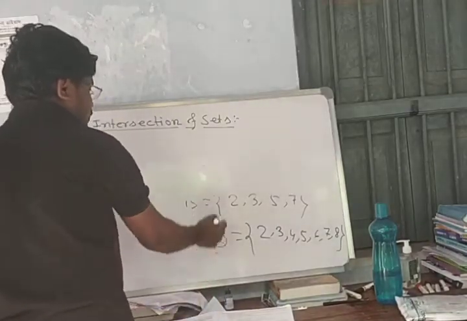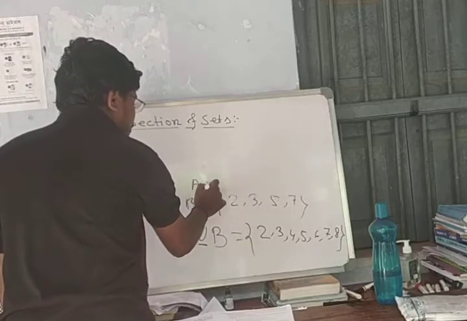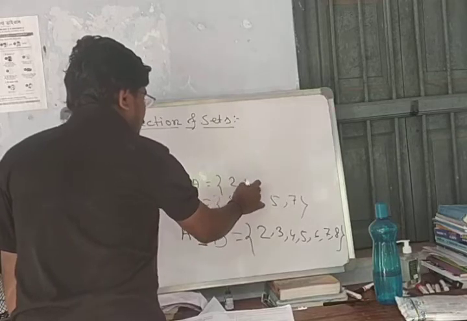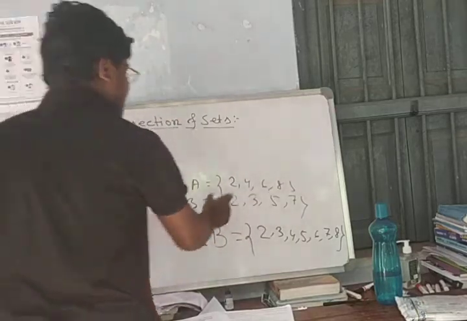Suppose in these two sets, here I have written A equals 2, 4, 6, 8 and B equals 2, 3, 5, 7.